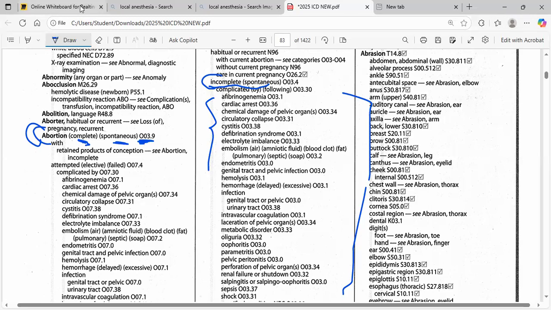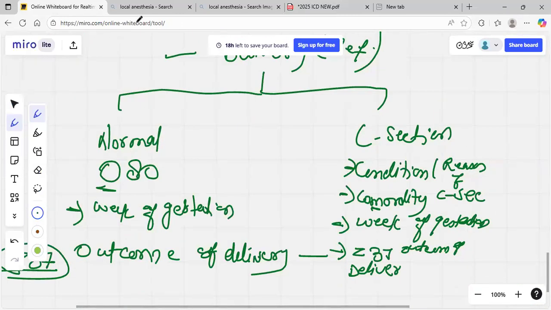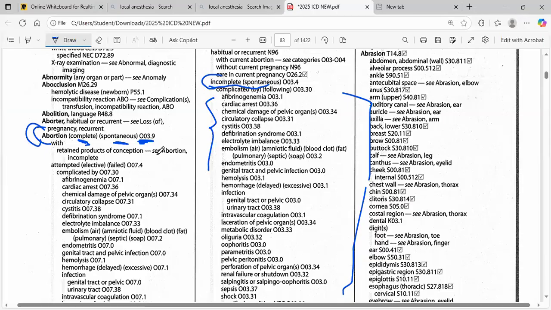Next, we have abortion, two types: incomplete and complete under the spontaneous, and all the complication codes belong to O03. We do have a code from series O07.